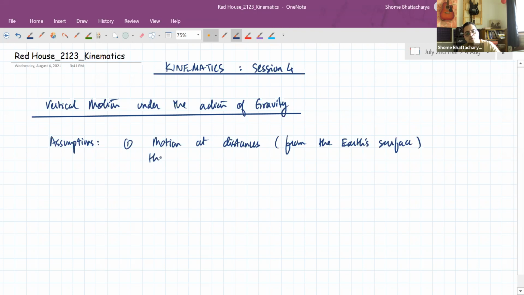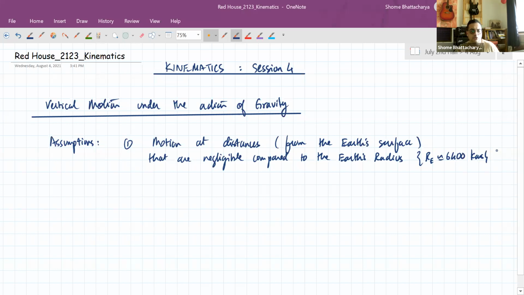Motion at distances that are negligible compared to the earth's radius. The radius of the earth is approximately 6,400 kilometers.